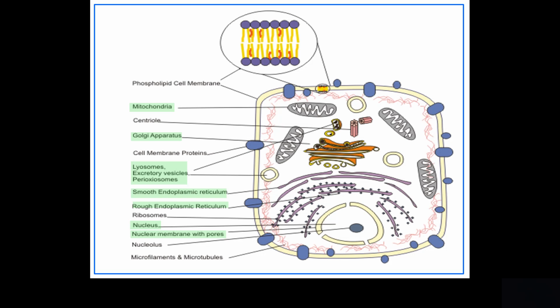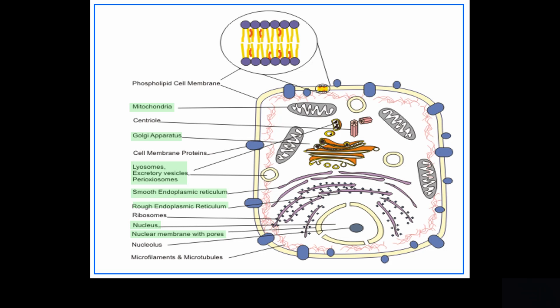The organelles inside, things like mitochondria, Golgi body or Golgi apparatus, they produce structures called vesicles. And some of those vesicles will be excretory vesicles. Some will become specialized and become lysosomes. And some are used in our immune system to fight off pathogens such as bacteria or viruses.